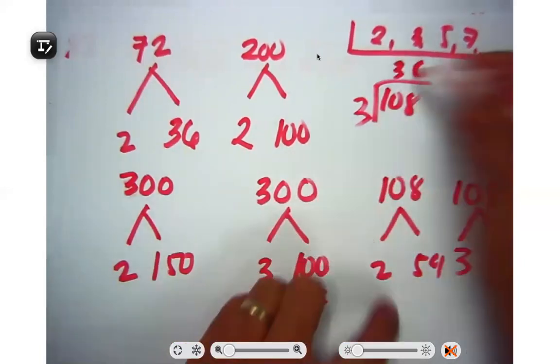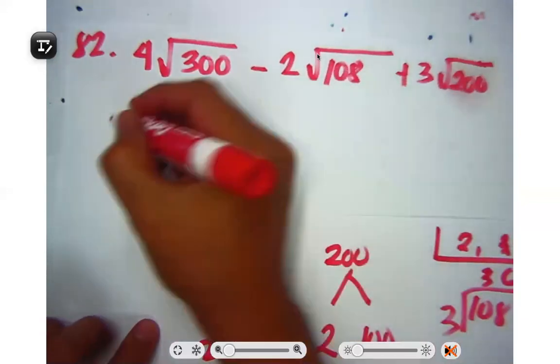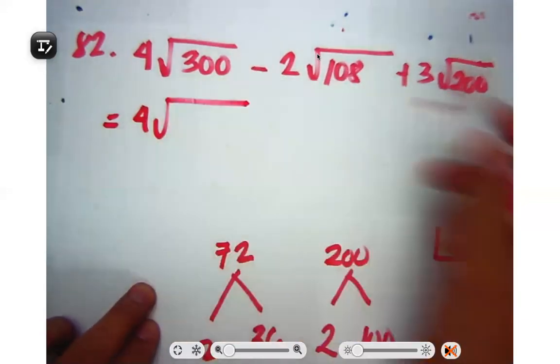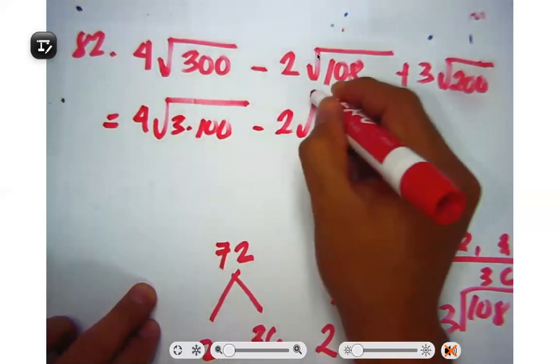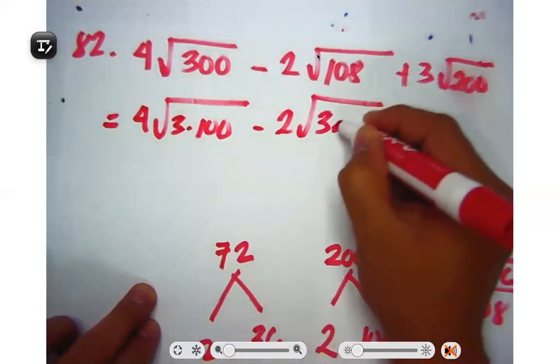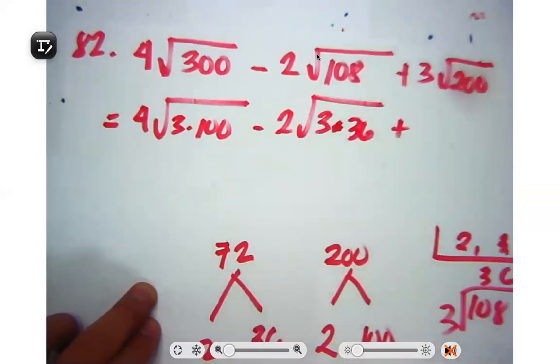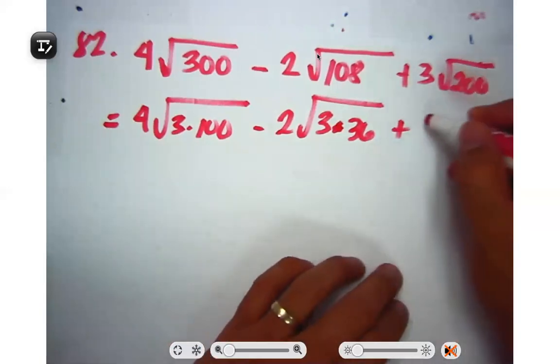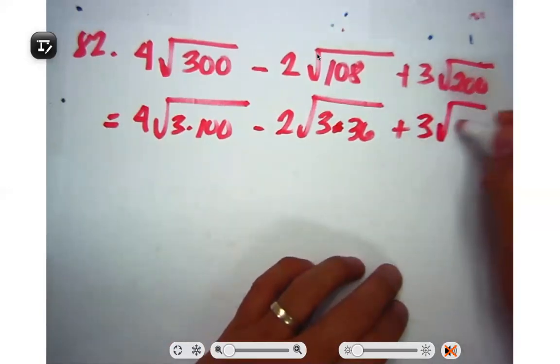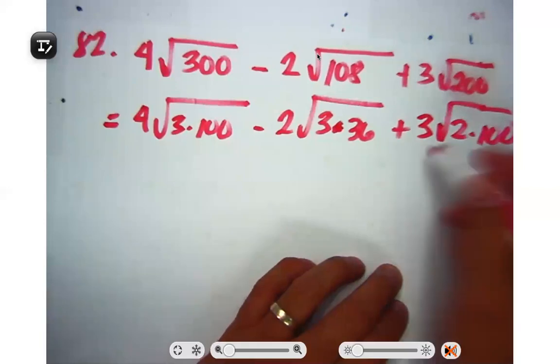It is 36. So 3 and 36. Let me write here now: square root of 3 times 100 minus 2 square root of 3 times 36. How about 200? We already factored that a while ago, right? That's 2 times 100.